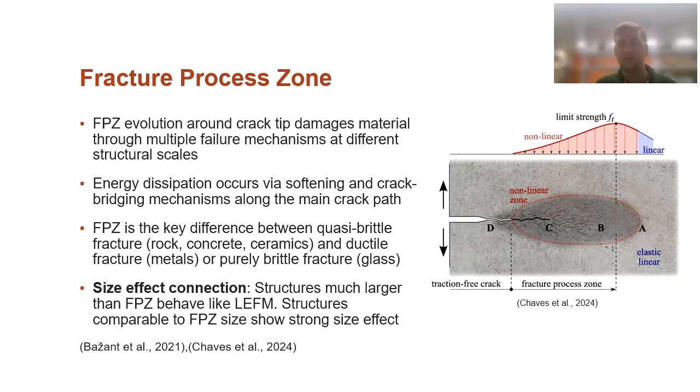Because we have these micro cracks and grains interacting, there's a lot of different things happening, whether this is bonds and grains failing or that kind of thing happening around the crack tip. I think this diagram on the right again does a great job.